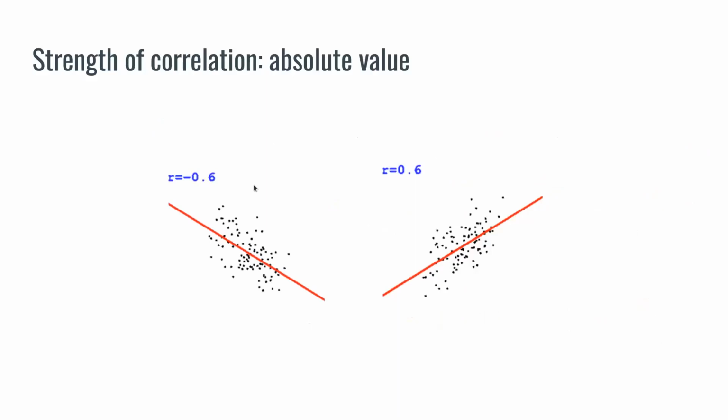So, strength of correlation. When we talk about strength of correlation, we talk in terms of absolute value because a set of scores with R being -0.6 and +0.6 have the same strength because both sets cluster similarly.